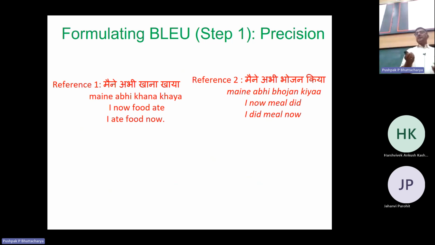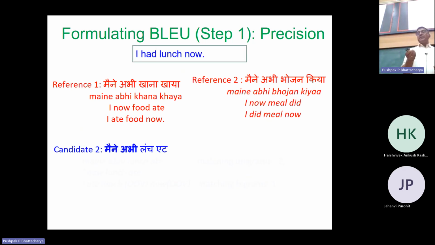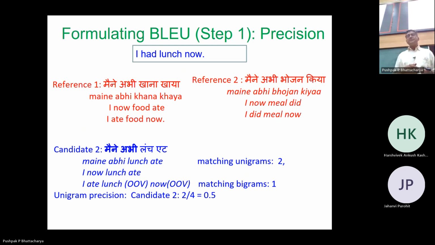And then we have another candidate output. मैंने अभी lunch ate. So this is a bad translation. Adequacy wise fine, because the meaning is conveyed, but fluency is bad here. And here we see that the unigram precision is 2/4, which is 0.5, and the bigram precision will be 1/3, which is 0.33.